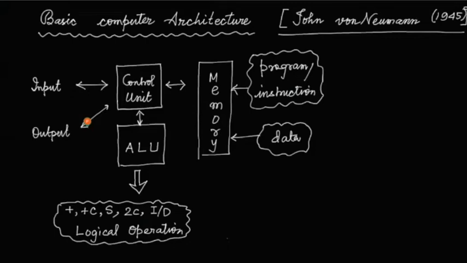Okay. So if I give you an example, say I have this set of instructions: load A, load B, and then store or save C. Basically there are four sets of operations here.